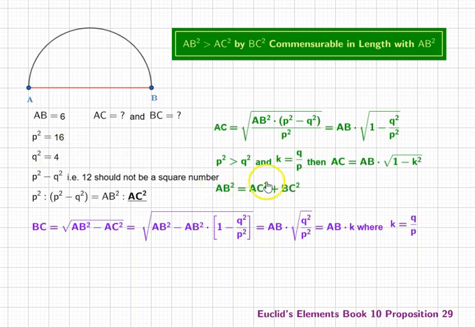By the way, we found AC, we found BC. Now let's actually update this semicircle. Now we have to draw a line segment from A such that it is equal to AC. So how do we do that?